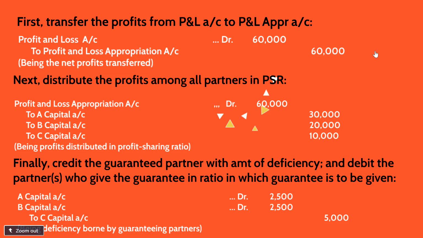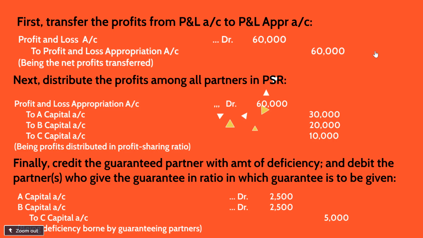Therefore, journal entry to transfer profits to partners is profit and loss appropriation account debit rupees 60,000 to A's capital account rupees 30,000, to B's capital account rupees 20,000, and to C's capital account rupees 10,000, being the profits distributed in the profit sharing ratio. So the 60,000 has been distributed among the partners' capital accounts in the profit sharing ratio, which is 3:2:1.